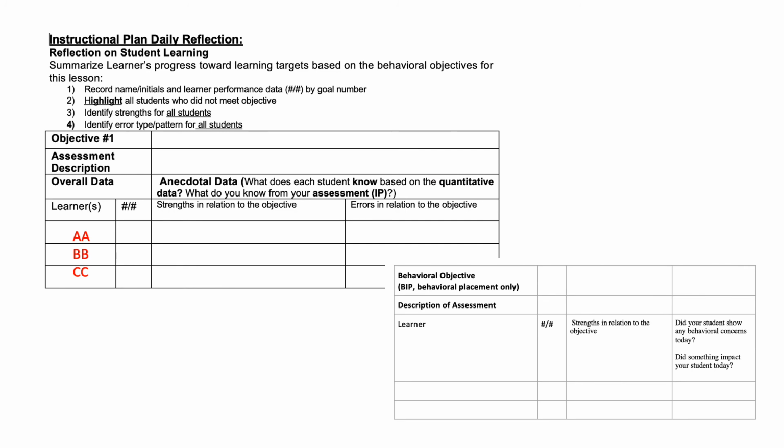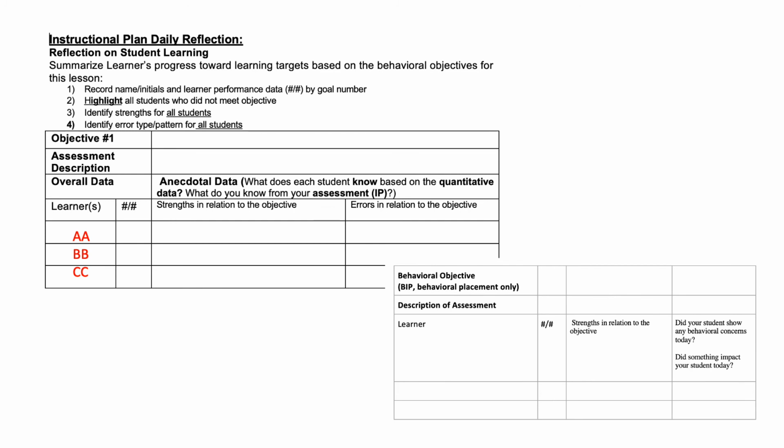Our instructional plan daily reflection. Teacher candidates are asked to objectively and professionally summarize and analyze their learners' performance with respect to the established objectives that you wrote. Refer to the data and process when noting the learner's current level of performance.